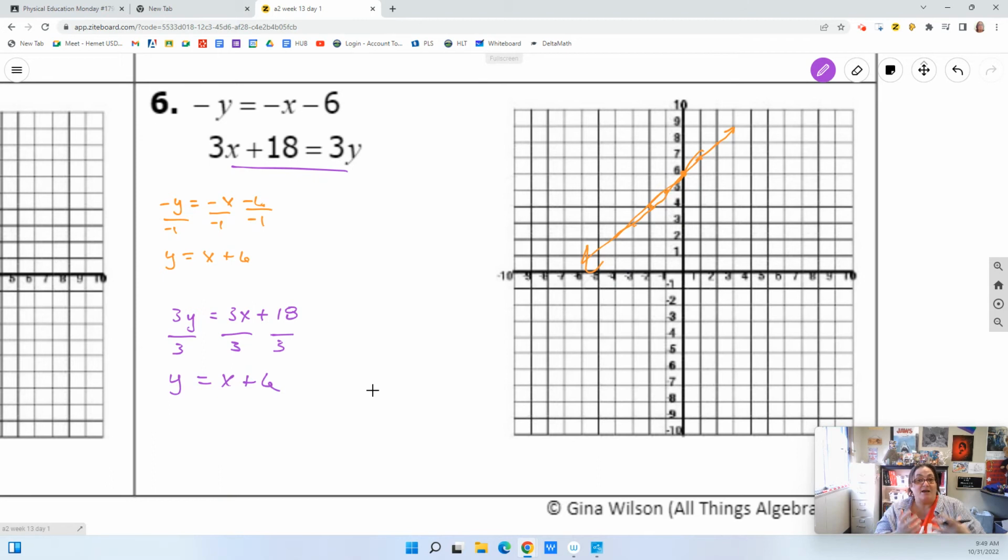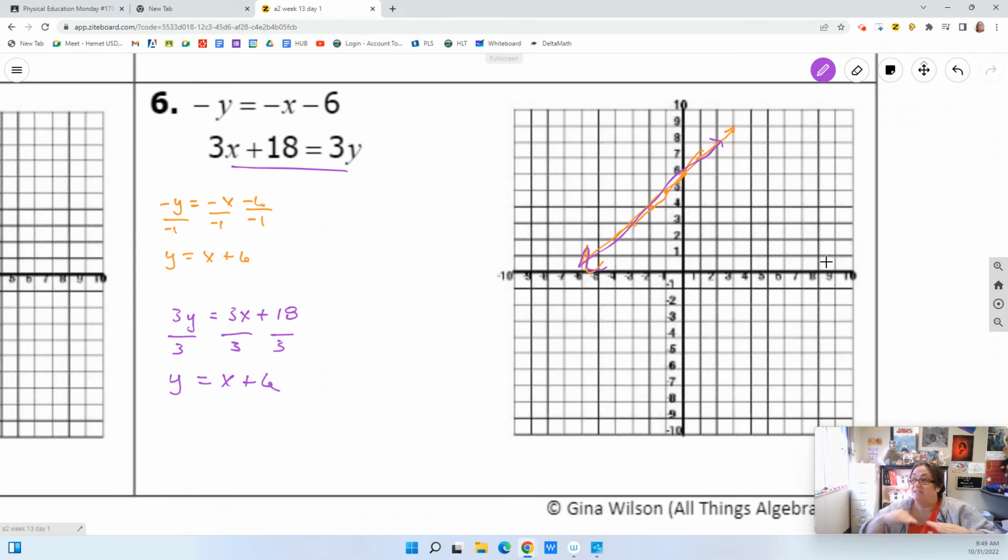So when I reduce that down and put it in the form, they're the same equation, which means this one would graph right on top of the other one. Pretend that they're not these two sketchy lines that I just drew, and that they sat literally on top of each other, which means everything that's a solution for one is going to be a solution for the other, because clearly they're the same line.